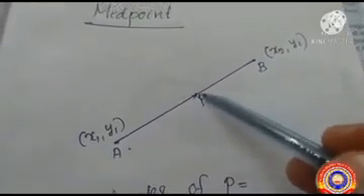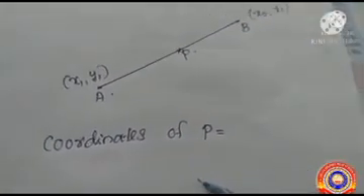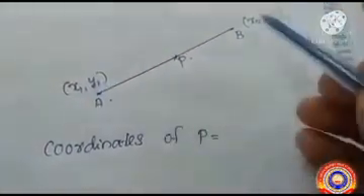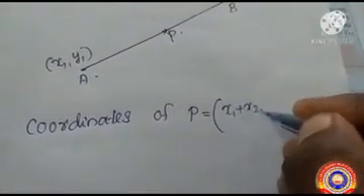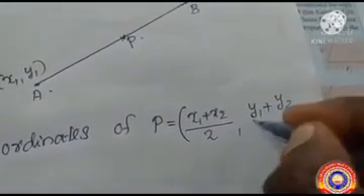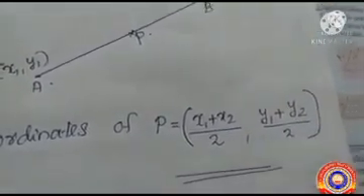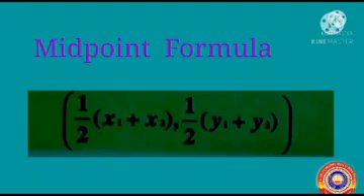We have to find the coordinates of P by using the coordinates of A and B. So coordinates of P is equal to ((x1 + x2)/2, (y1 + y2)/2). Midpoint formula is ((x1 + x2)/2, (y1 + y2)/2).